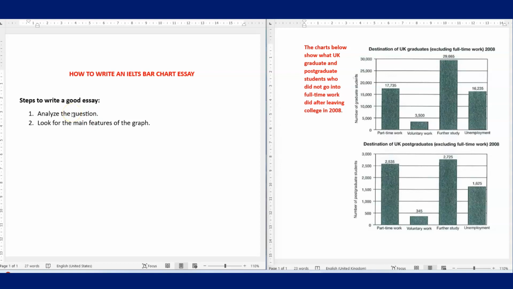Analyzing the question means that you are examining the whole question together with all the key parts of the question or the graph in order to have a full understanding of it. After you are done, you need to look out for the main features of the graph. Those are the easily seen parts of the graph that you have to talk about.